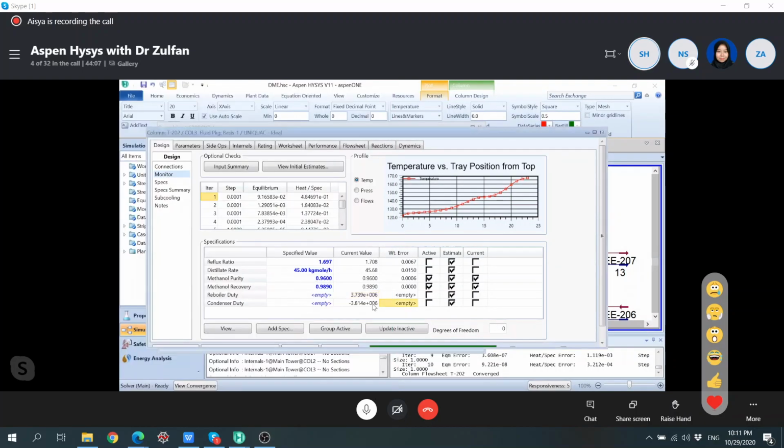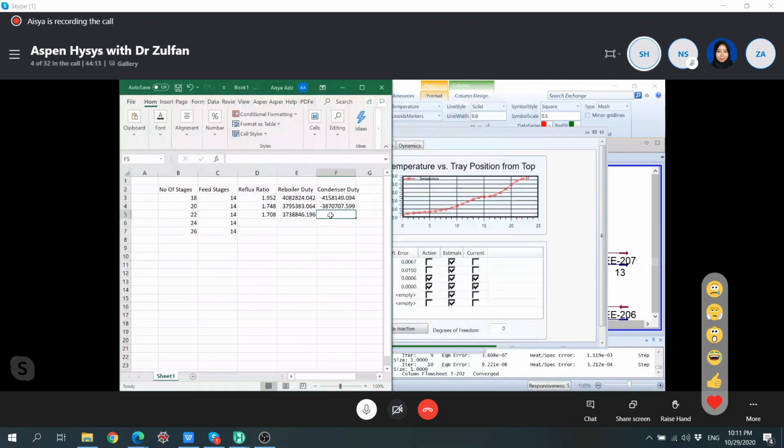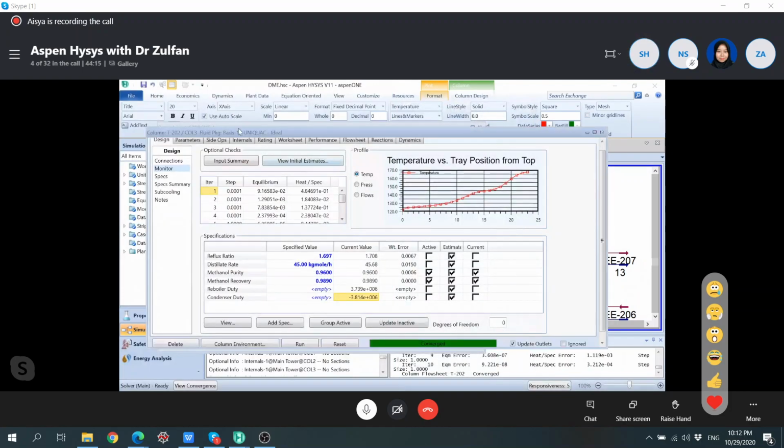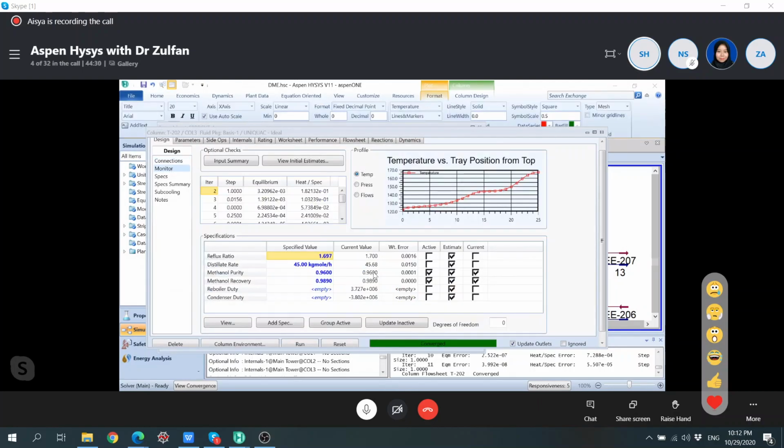We'll stop at stage 24, and then you can extend it further, but for the sake of this exercise, we'll just stop at stage 24. Feed location, point 7.